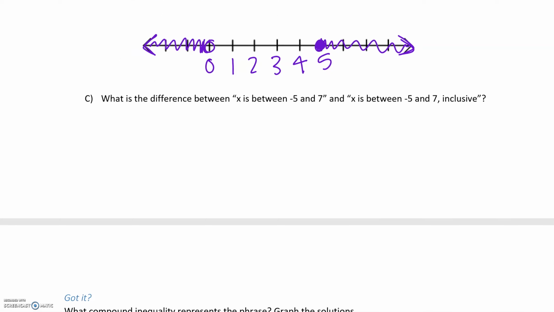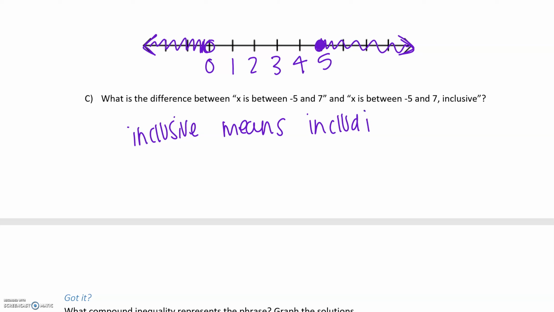Okay, so when it says what's the difference between x is between -5 and 7 and x is between -5 and 7 inclusive. So remember that inclusive means including the numbers.